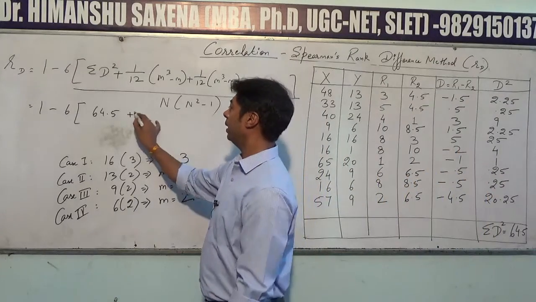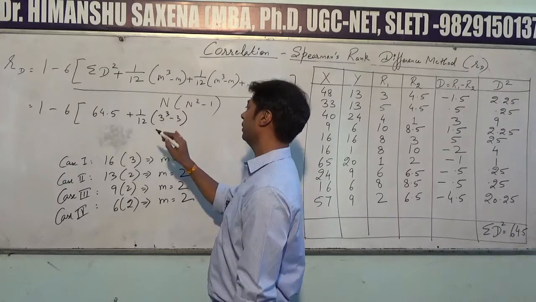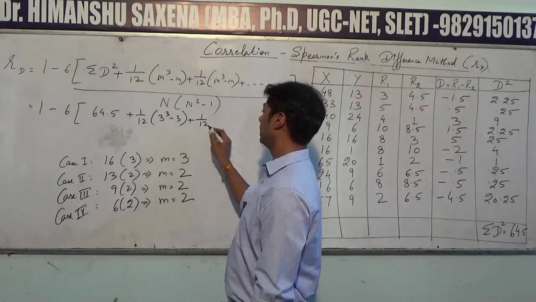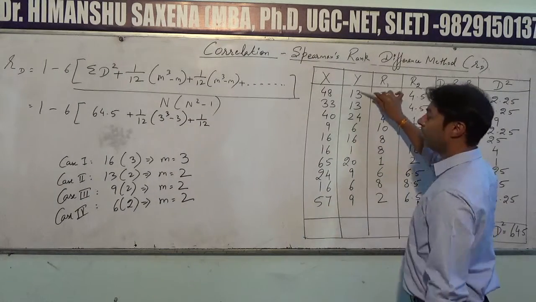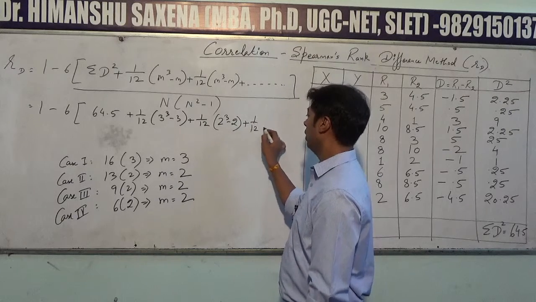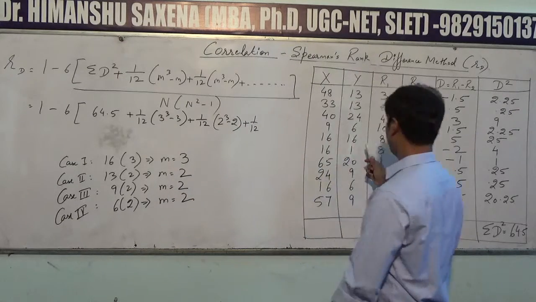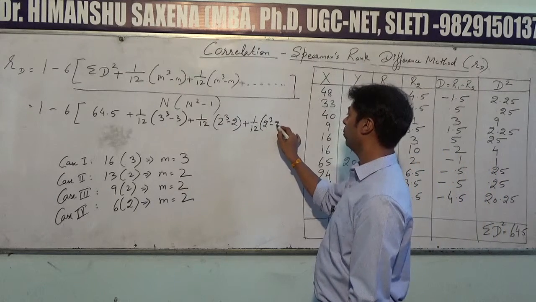Now in this case it will be 1 by 12, 3 cube minus 3. Then 1 by 12 exactly the same. After that 13 was repeated twice, so it will be 2 cube minus 2. Again there was another number 9 which was repeated twice, so again it would be 2 cube minus 2.